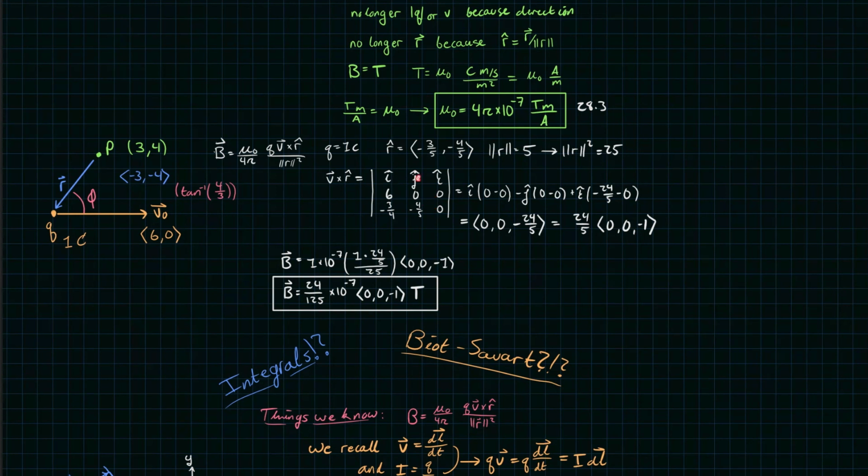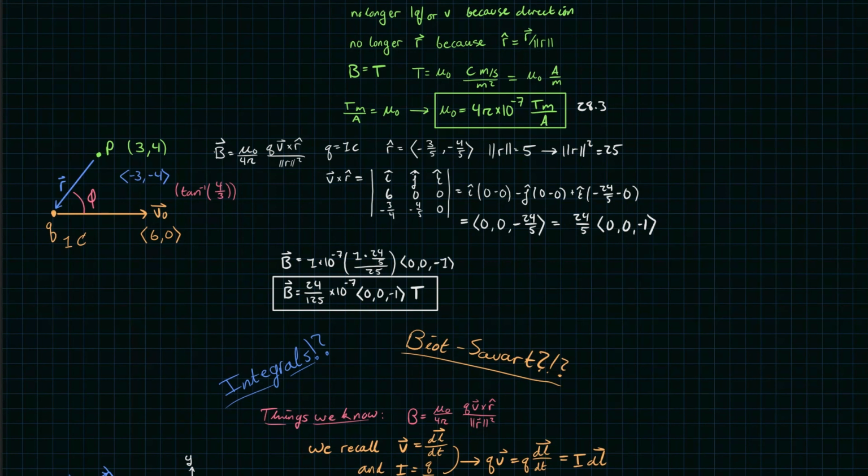Our j, this and that, 0 and 0 again. But for our k, we're going to have 6 times that and 3 over 5 times 0, which gives us this term here, which turns into this in vector form, which simplified is that.